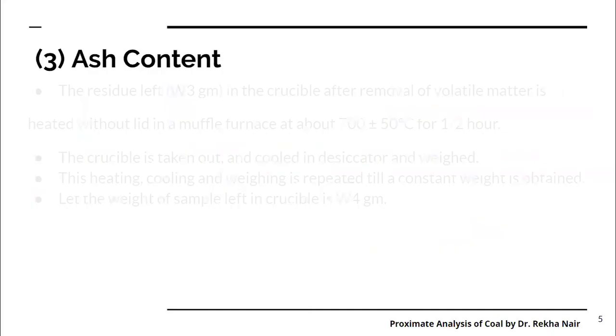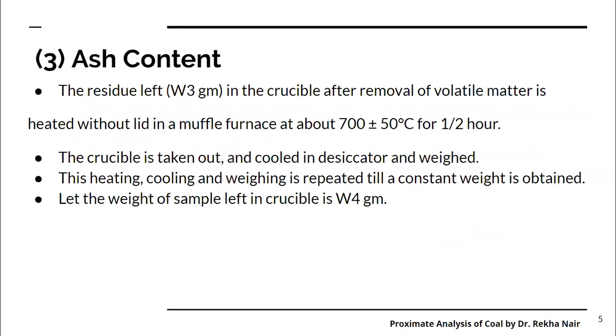Next is ash content. The residue left after removal of volatile matter, that was W3 gram in the previous case, is heated without a lid in a muffle furnace for about half an hour at a temperature of 700 plus minus 50 degrees centigrade.